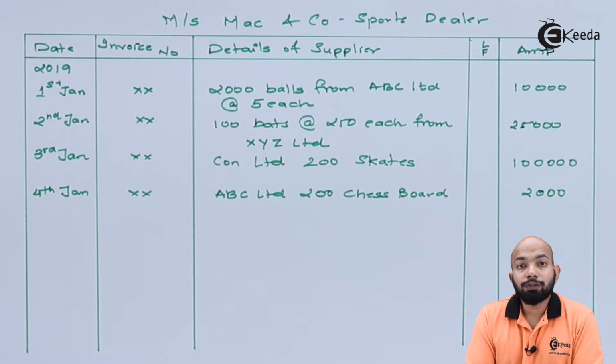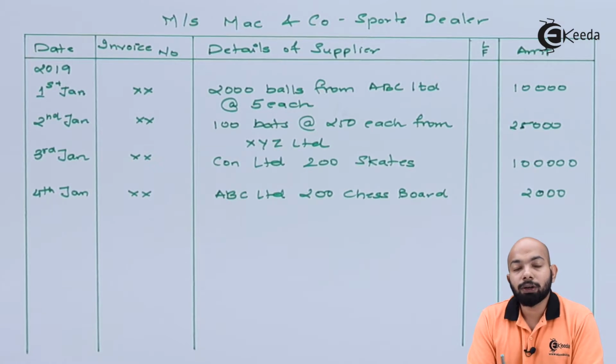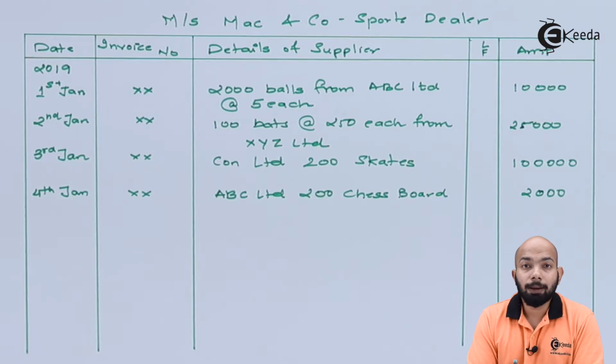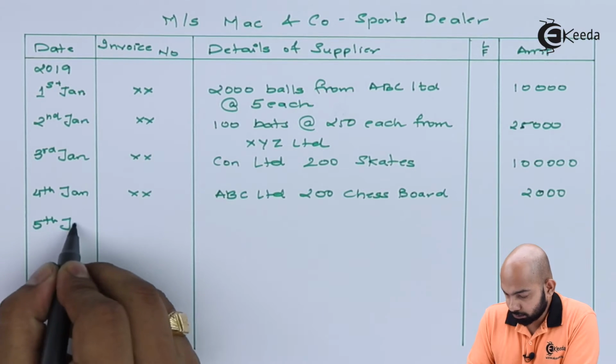Now the next transaction refers to 200 chessboards taken from ABC Limited for rupees 2000. Hence, here also we have 2000 as the total amount, which can be fixed up in the amount column. That means 2000 can directly be mentioned in the total column itself. Let's go on to the last transaction and figure out the total of the purchase book.